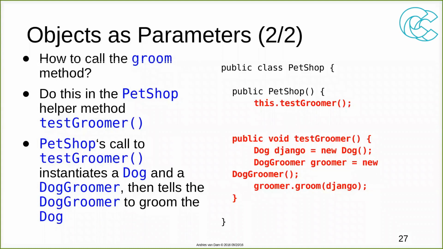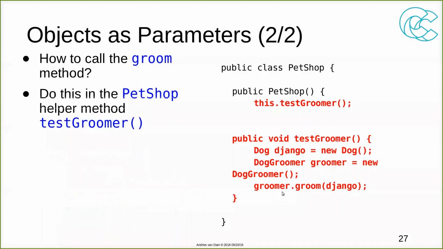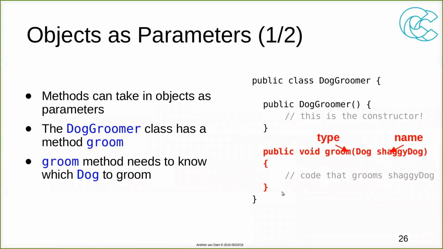Then we looked at this example where we can pass in the object as the parameter for a particular method of an object. That is where we stopped last time. So we created this Django instance, which is an instance of the dog, and then we passed that from the pet shop.